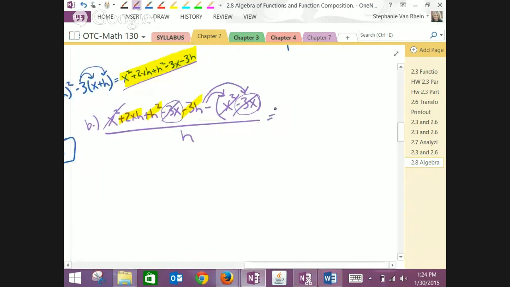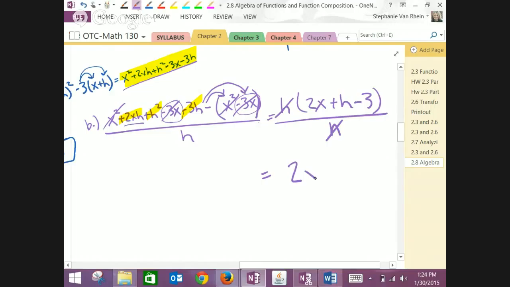So now if I go ahead and factor out an h, the terms that are left, I have 2x plus h minus 3, divided by h. The h's cancel, and my answer is going to be 2x plus h minus 3.